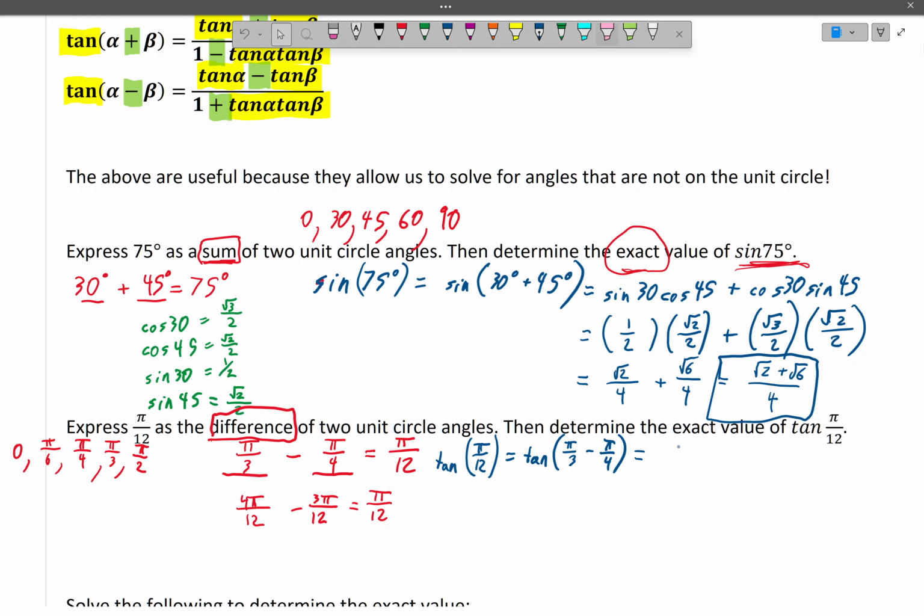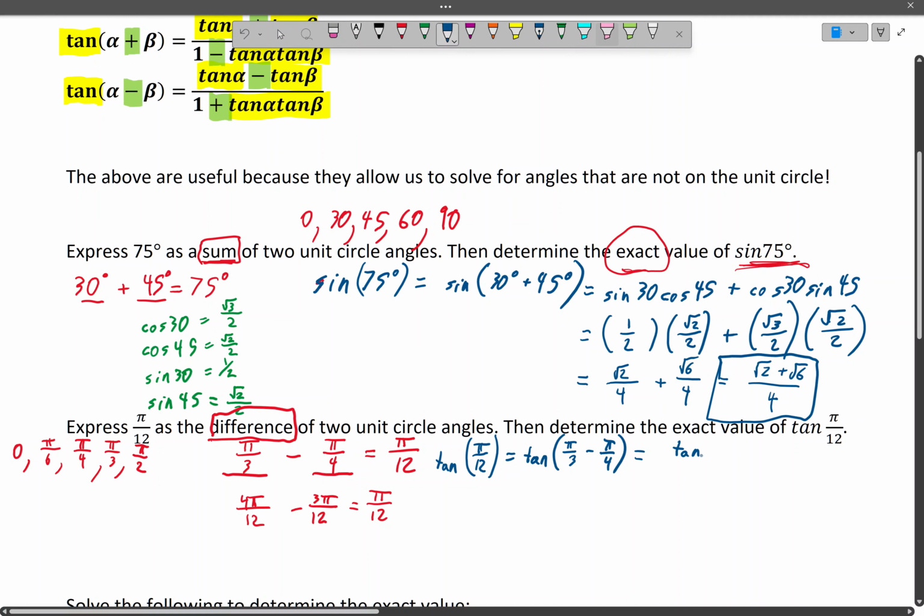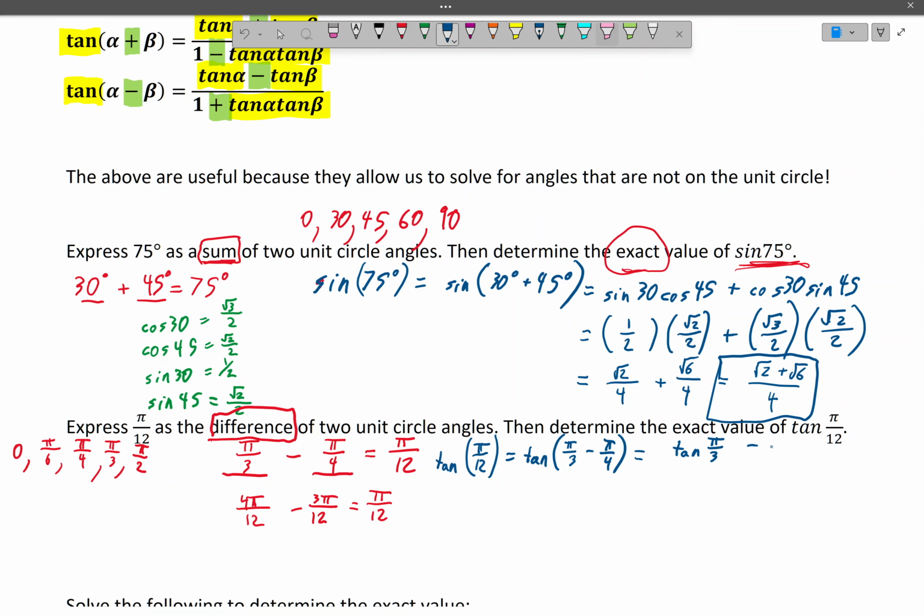So we're going to have tan alpha, which is pi over 3, minus tan beta, which is pi over 4, over 1 plus tan alpha, which is pi over 3, tan beta, which is pi over 4.